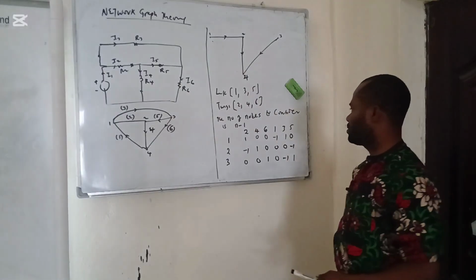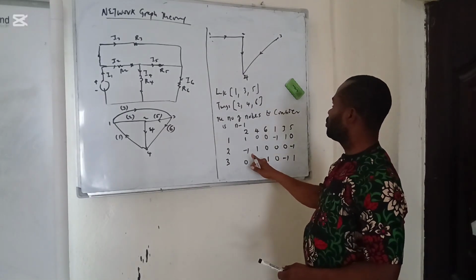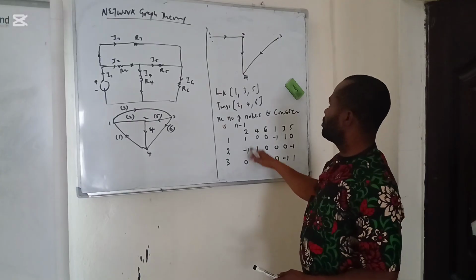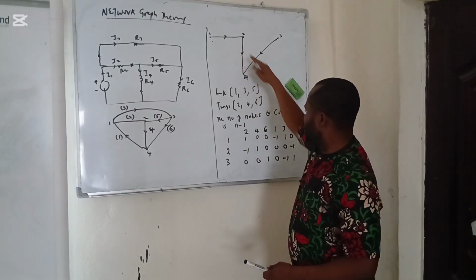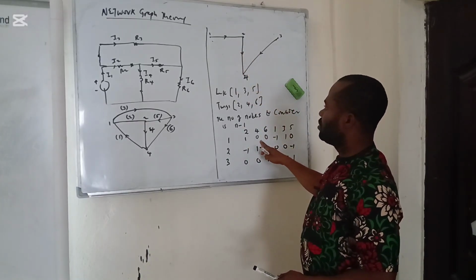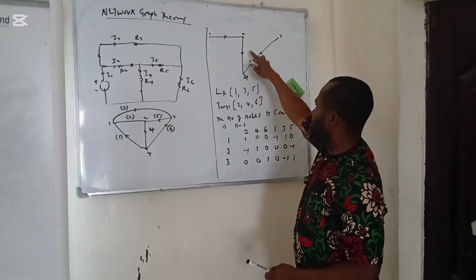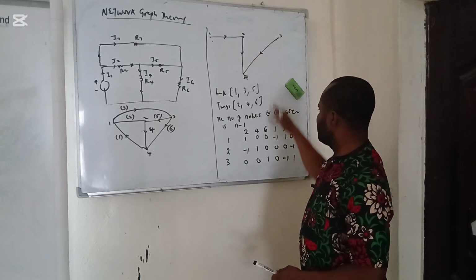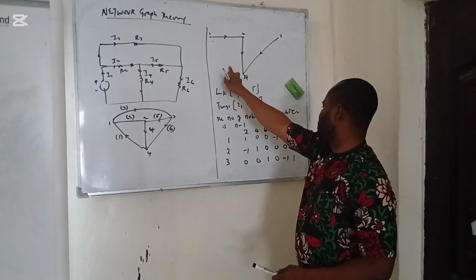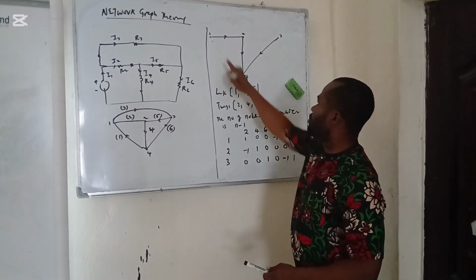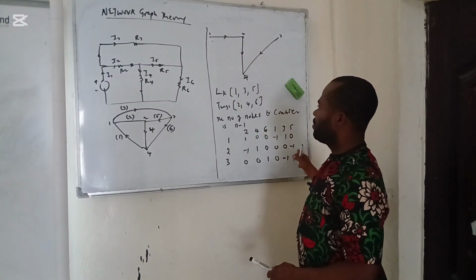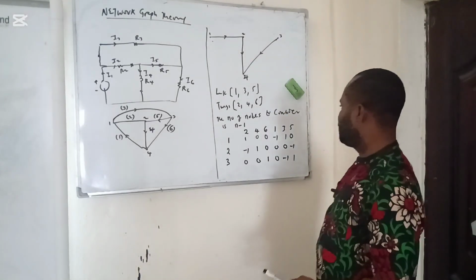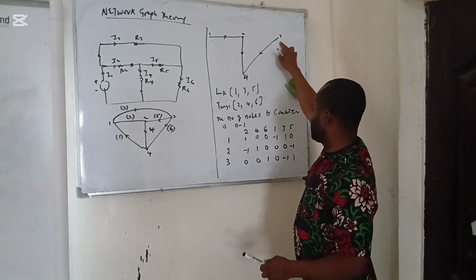So let's look at node 2. We have 2 to 2 is minus 1, it's moving towards this. 4 is moving away from it, that is why it's 1. And 6, no relationship. 1, no relationship. 3, no relationship. But 5 is moving towards 2, and that line is correct. Finally, we have node 3 to consider.